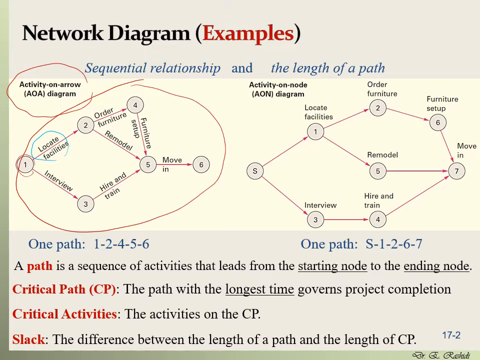Locate facilities. After that, we order the furniture and remodel, and also furniture setup after we have got the order. And then we also need to interview to hire staff, and then hire and train the staff, and at the end move in.